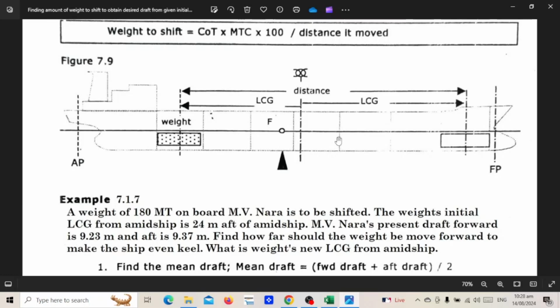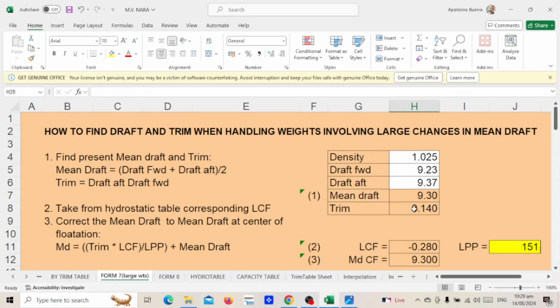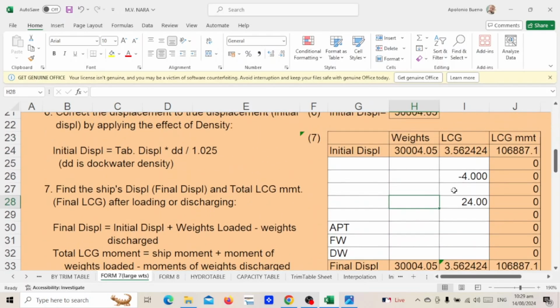Since you have the initial LCG of 24 minus this 28, you will have 4 meters here. And 4 meters is ahead of the amidship, so it will be negative 4. That's why you have here a negative sign of 4 meters. Your LCG will be negative 4.